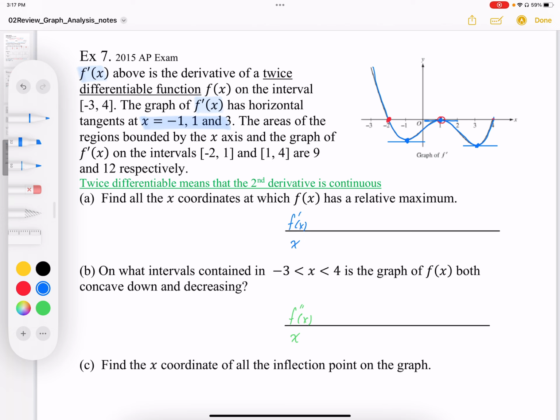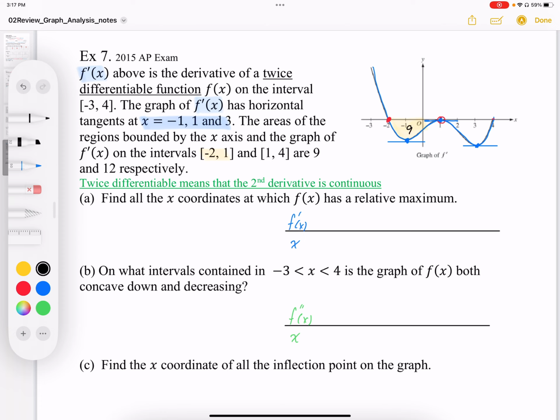The area of the region bounded by the x-axis and the graph of f prime between -2 and 1, I'm just going to highlight that, is this area in here, and that's equal to 9. That's an area of 9 units there.